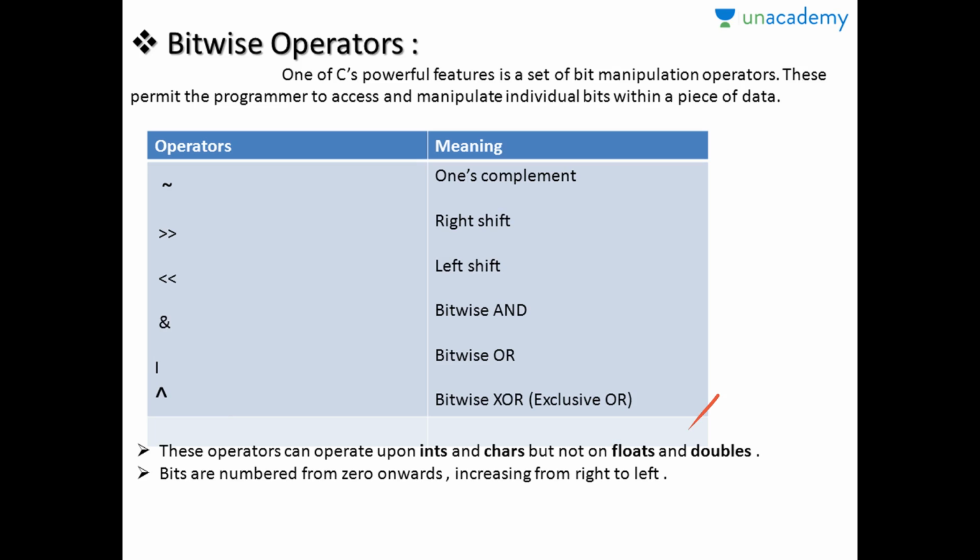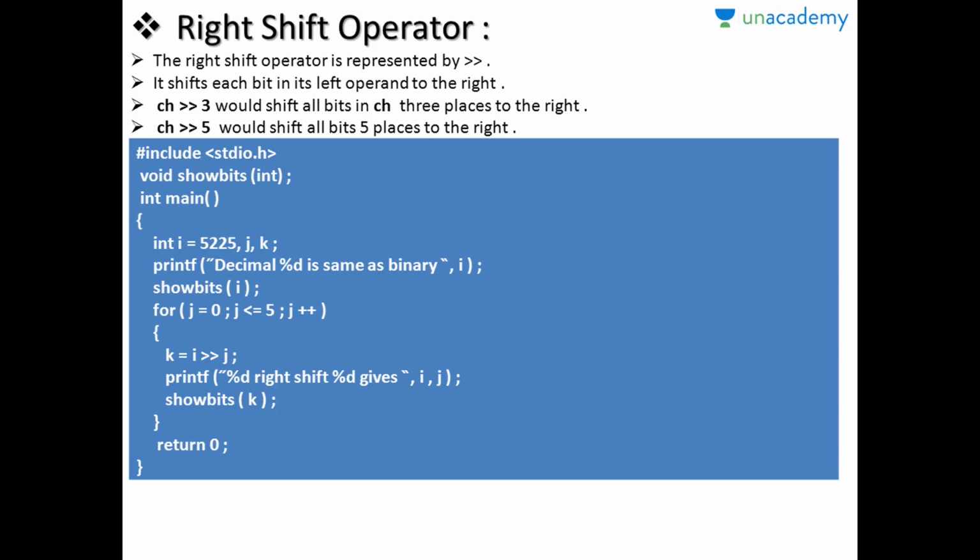These operators can operate upon int or char and even float and double, and bits can be numbered from 0 onwards, increasing from right to left, as with arrays that we start from zero onwards. The same happens with the bitwise operators as well.